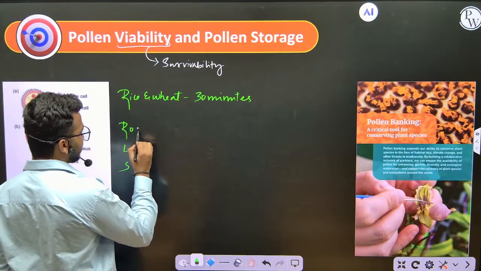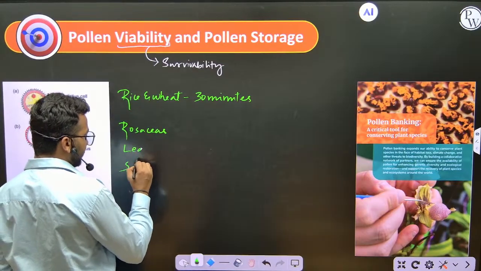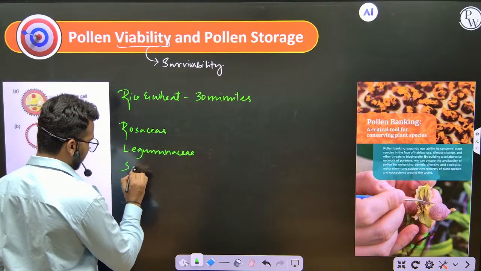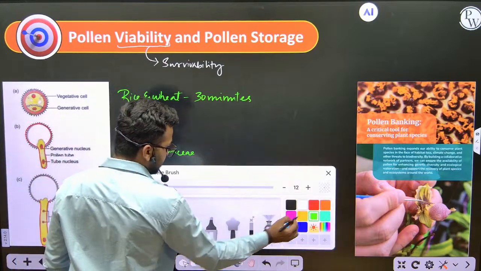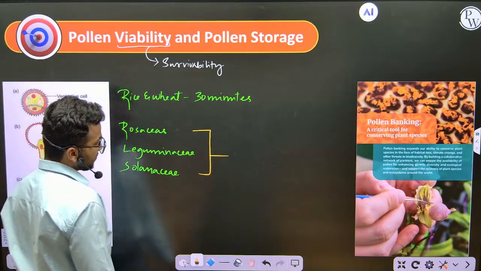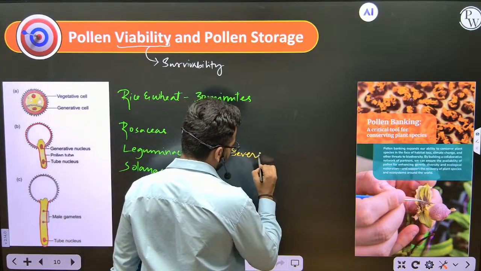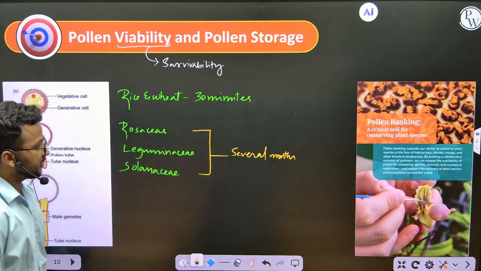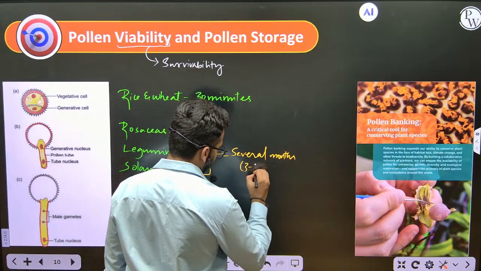RLS is Rosaceae, Leguminosae and Solanaceae. These three families maintain pollen viability for several months, around 3 to 6 months.